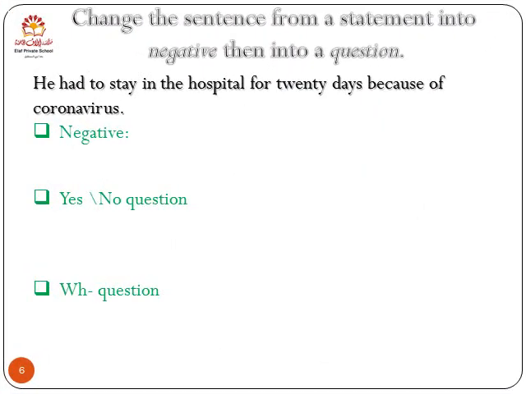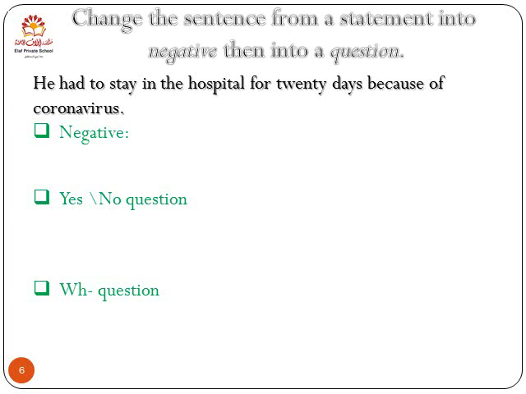Now, I have a little practice here for you. Change the sentence from a statement into negative, then into a question. I will just read the sentence. Please bring a piece of paper and write the answers down, all right, before watching the answers on your screen.